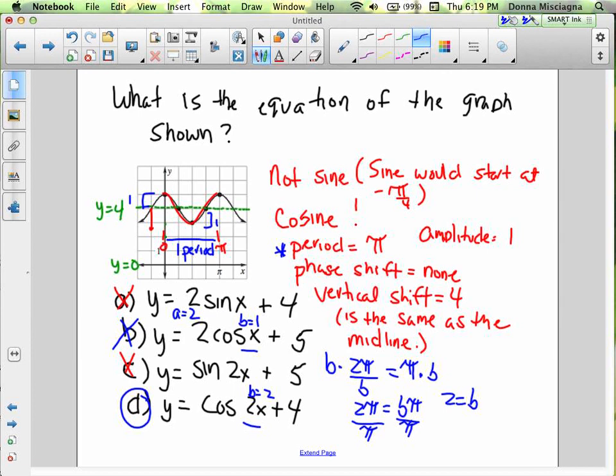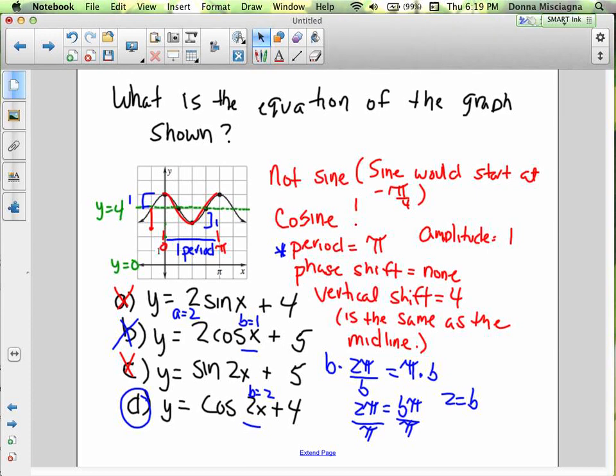So if our equation, for instance, was y equals cosine 2x plus 4, and we were given a bunch of graphs, we're going to look first of all for the graph that has an amplitude of 1 and eliminate anything that doesn't have an amplitude of 1. We're going to look for the graph that has no phase shift. We're going to look for the graph that's got a period of pi. Right? And so we'll just keep eliminating anything that doesn't meet those requirements.